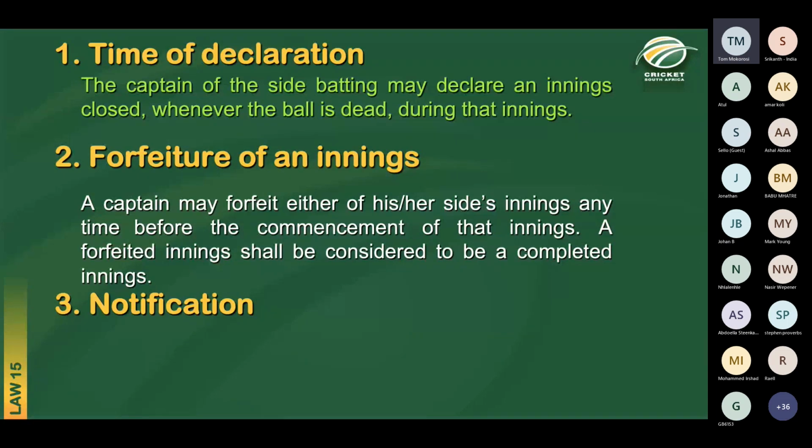We've got an example of a forfeited innings in the next slide, and we shall tell you all about that particular game, which has now been taken off the history books of Test match cricket.